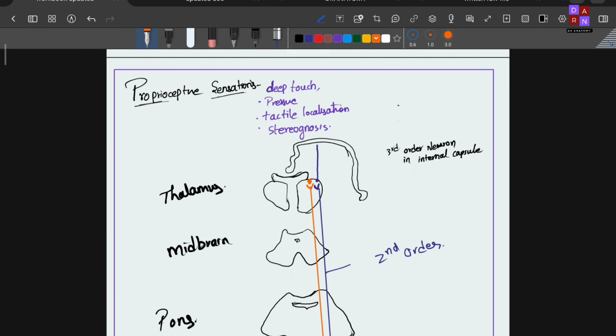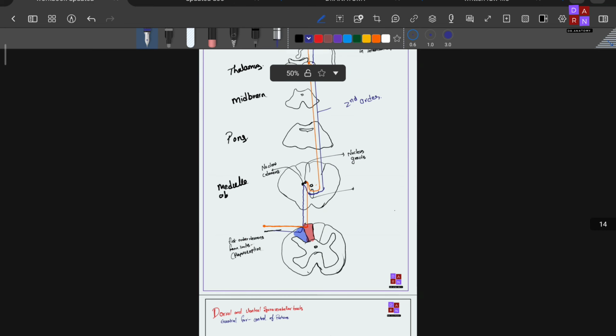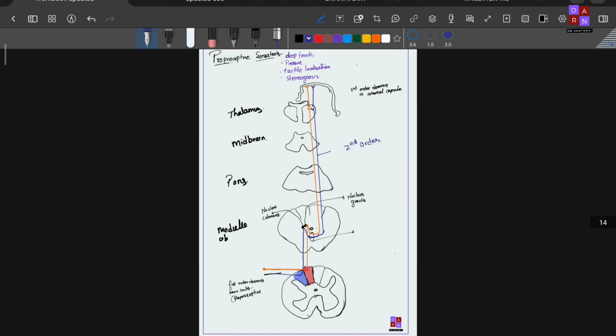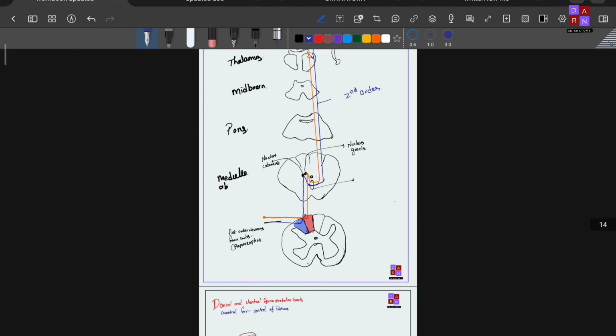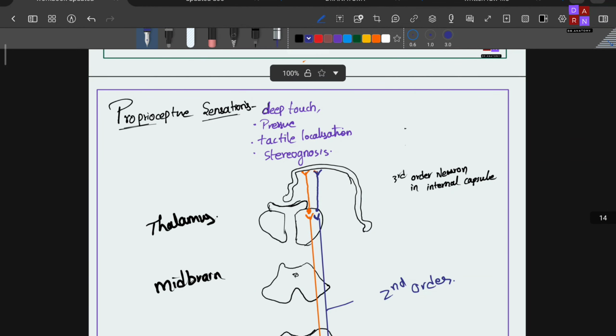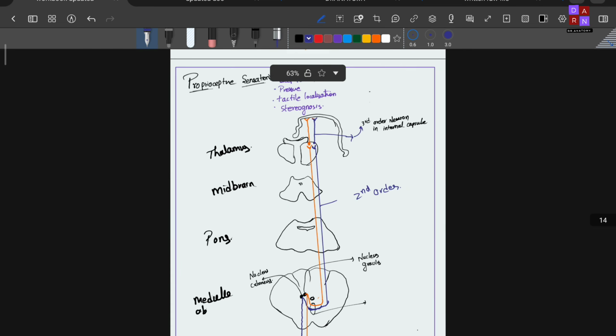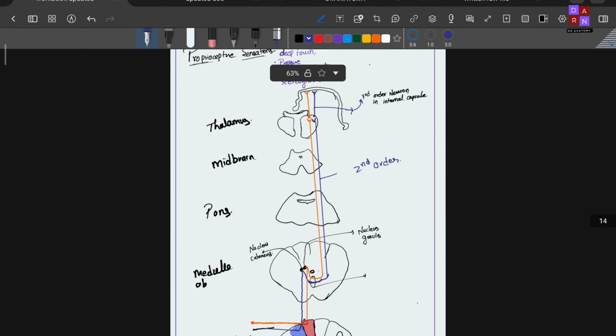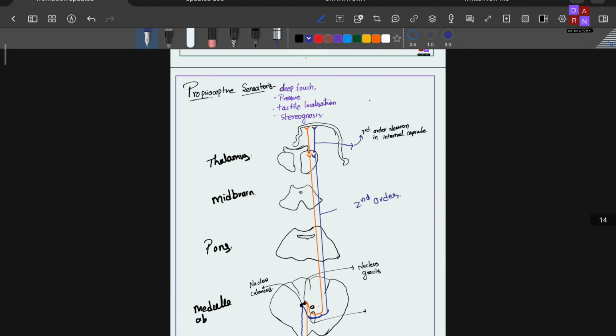The third order neuron from the thalamus enters into the sensory cortex. So here is the first order neuron, the second order neuron from the medulla oblongata, and from the thalamus it goes into the sensory cortex as the third order neuron. So proprioceptive sensation carries deep touch, pressure, tactile sensation, and stereognosis.